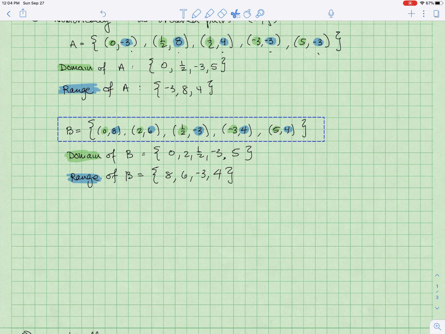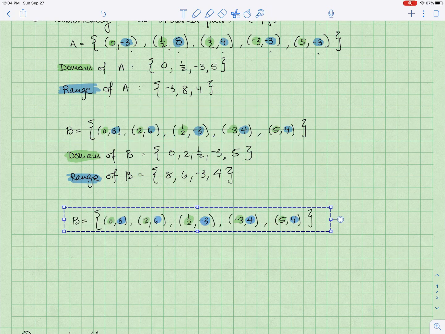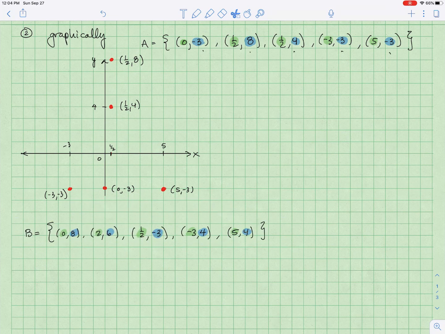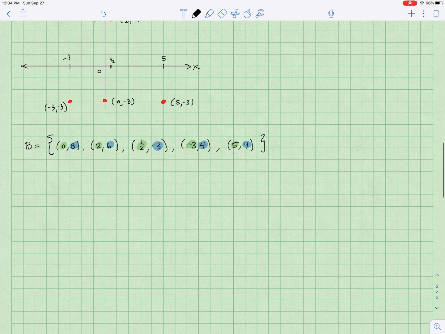For relationship B, let's draw another XY axis. Oops, I don't know why I put Y over there. Y axis, 0. And we'll start plotting points. Let's do this in a different color, though. Our first input is 0, comma 8. 1, 2, 3, 4, 5, 6, 7, 8.